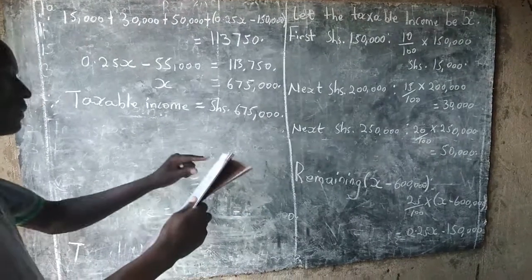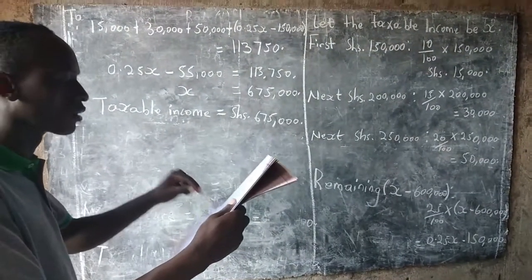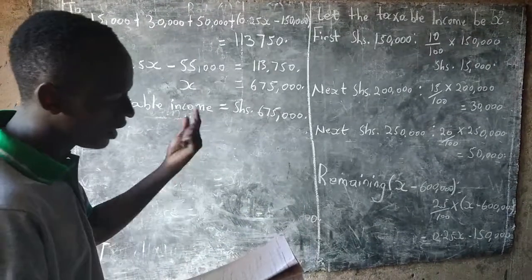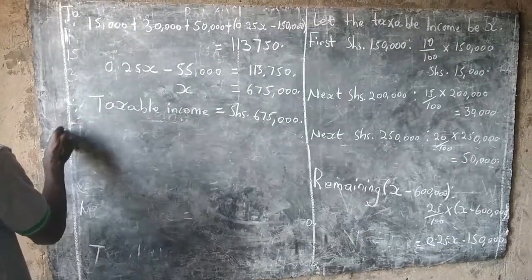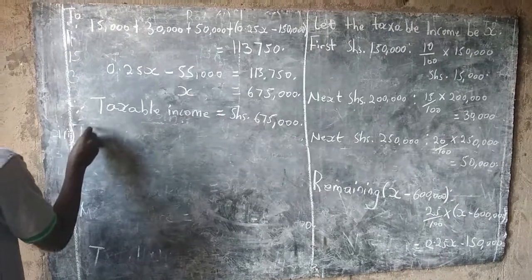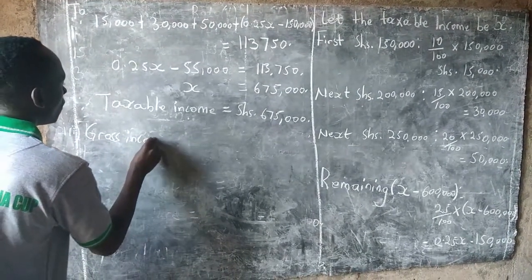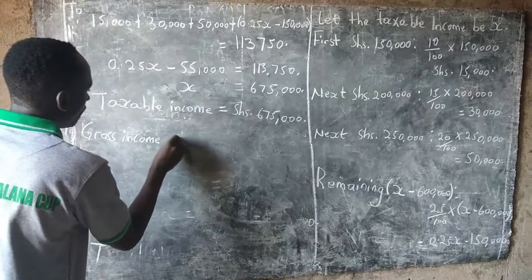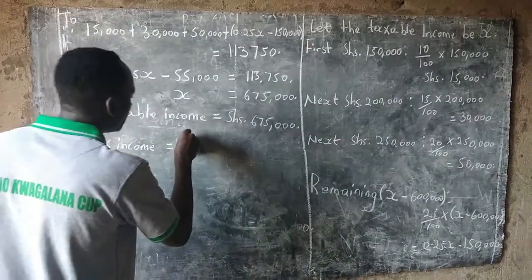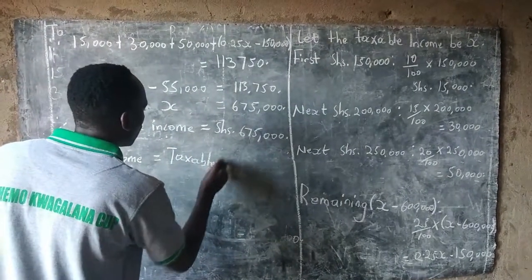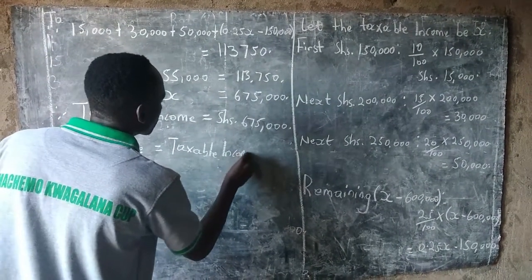Then the remaining parts, let me see, gross income and then the net income, usual suspects. So remaining on number 3, gross income, will simply be our taxable income. Is it minus this time around?